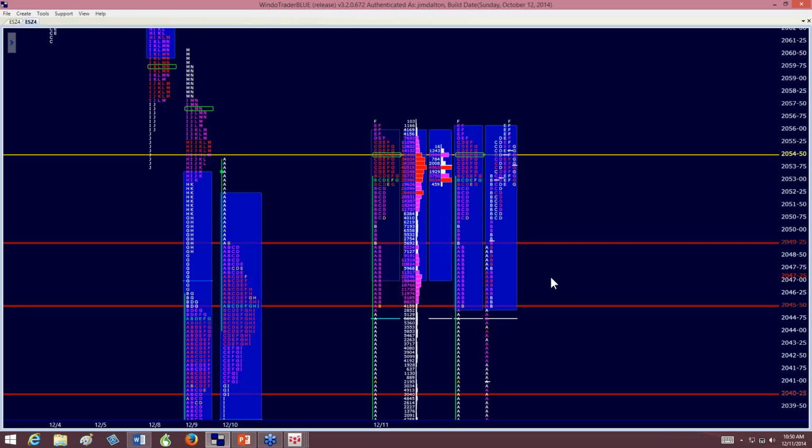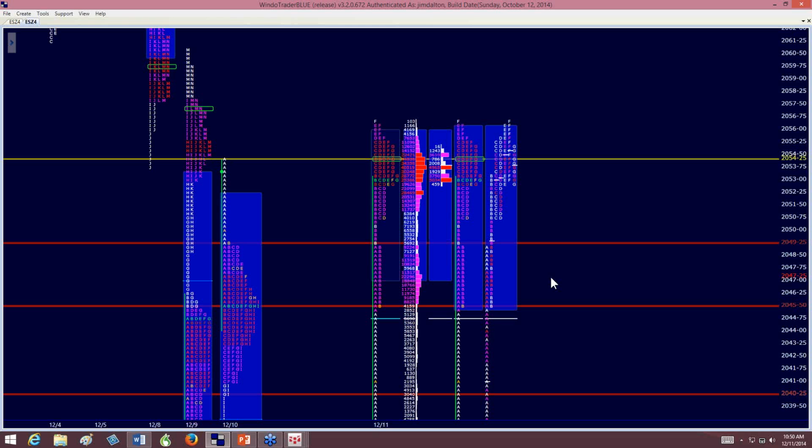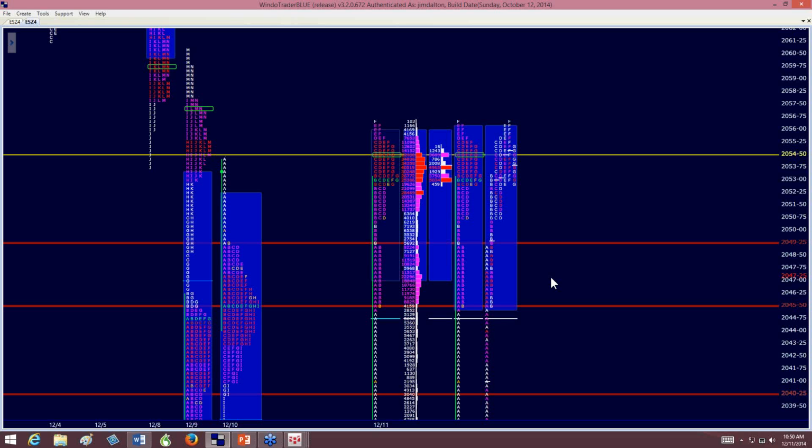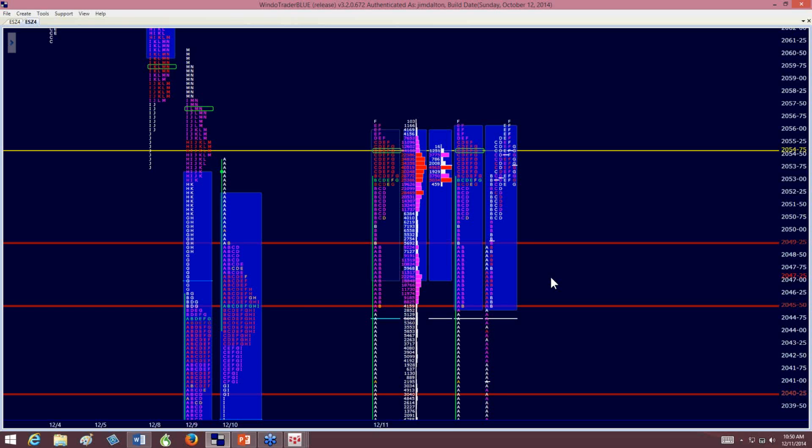The question was, early on, short covering can actually weaken a market. When the market is very short, all those shorts are potential buying. How do you cover a short? You have to go long in order to cover a short. So once they go long and cover the shorts, that removes that potential buying power from the market.